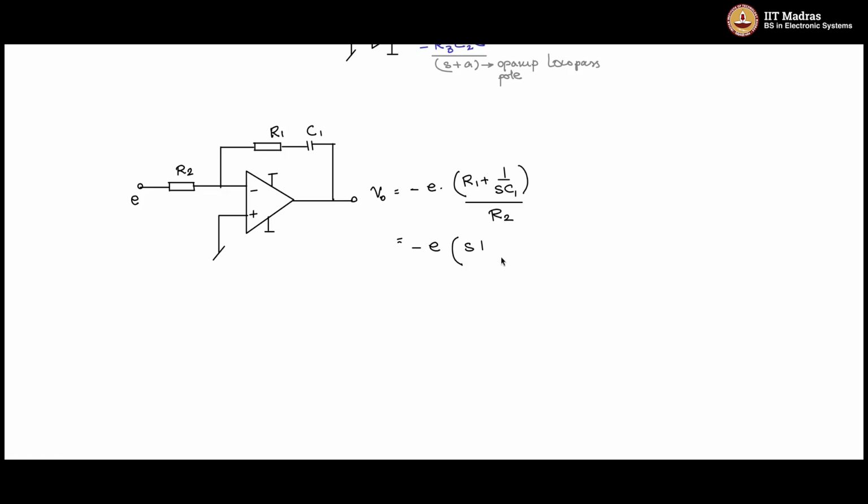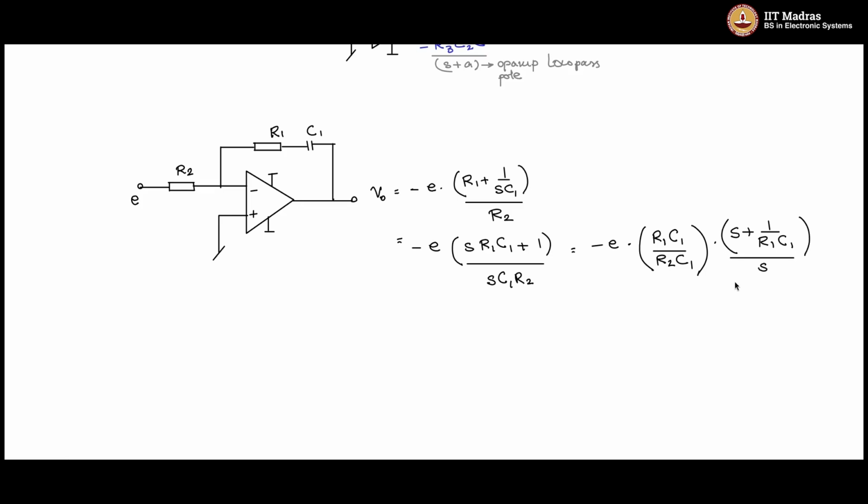Now if I simplify it, you have (SC1R1 plus 1) divided by SC1R2. Further I can simplify it, R1C1 by R2C1 into (S plus 1 by R1C1) by S.